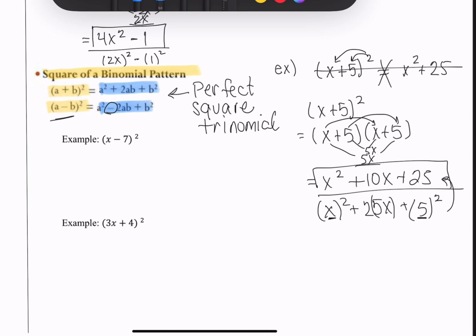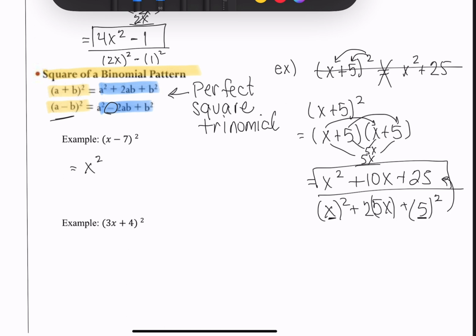All right, let's do a couple of examples here. First example: (x - 7) squared. Notice it is a binomial squared, so there are inners and outers, and those inners and outers are going to be exactly the same, so you can double whatever the inners and outers are. First terms multiplied give me x squared.